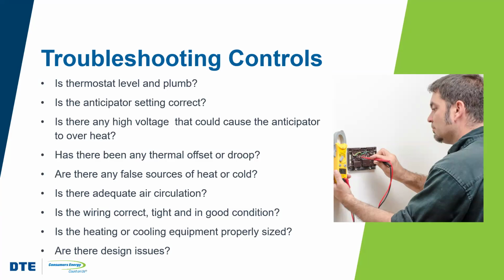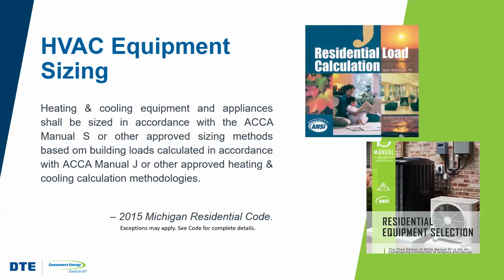What often may be the case is, is the equipment properly sized? We talked a little bit about sizing in the past, but code requires that HVAC equipment be sized in accordance with these two manuals from the Air Conditioning Contractors of America, my apologies, to make sure that the equipment is not oversized.